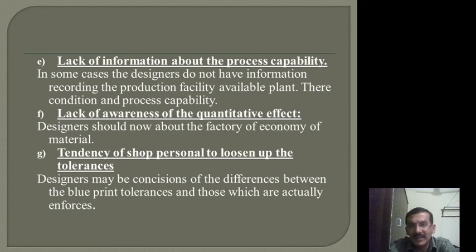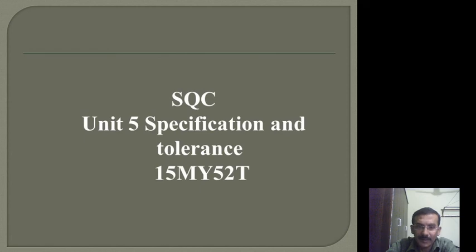Next is the tendency of a shop person to loosen up the tolerances. The shop person, meaning the main production person, plays an important role in producing components at various stages and levels. Designers may be conscious of the differences between the blueprint tolerances and those which are actually enforced. That is about the tendency of shop personnel to loosen up the tolerances, and about statistical quality control interactions.